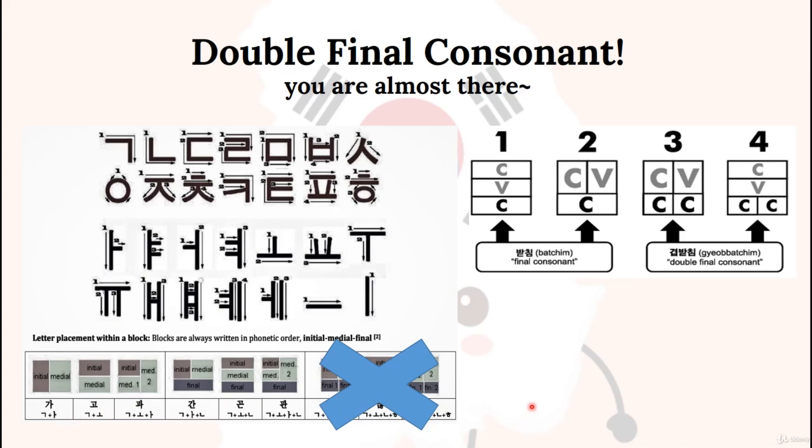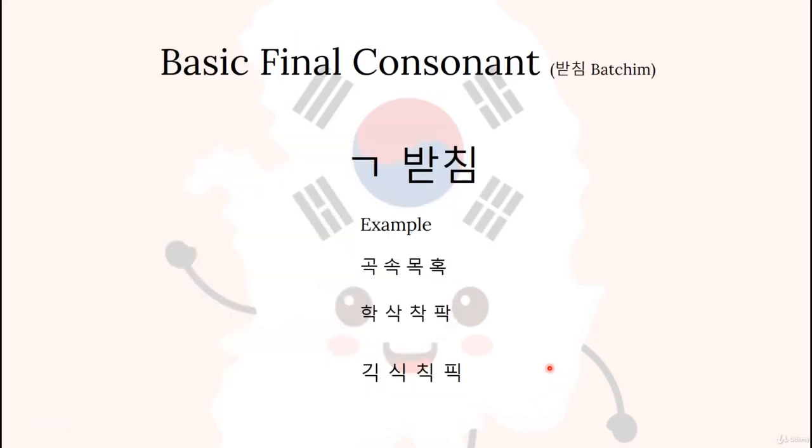Okay, so let us move on with the first basic final consonant, which is the 기역 받침. As I have taught you in lesson one, the 기역 has the g sound, correct? So on the basic final consonant, the 받침, you have to drop the g sound at the end.